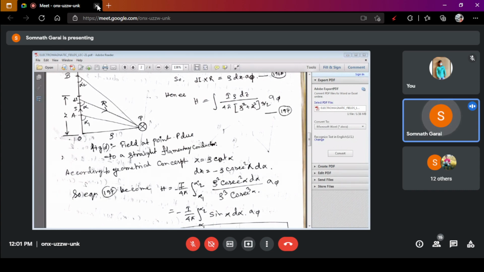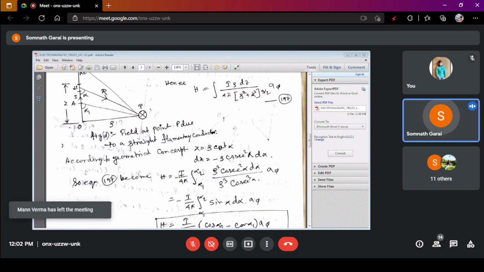So cot alpha is equal to z by rho. Then we can write z is equal to rho cot alpha. Now, if we differentiate with respect to alpha, then dz by d alpha can be represented as minus rho cosec square alpha.